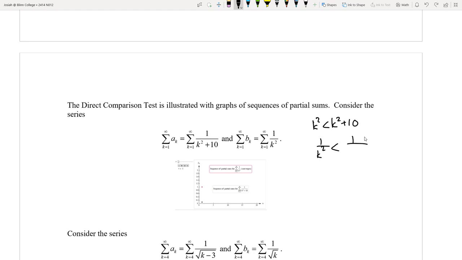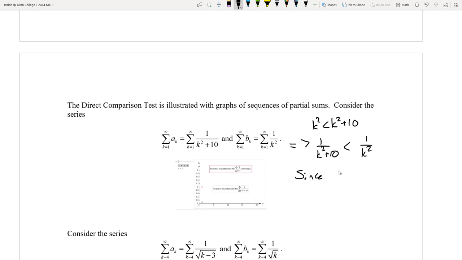It essentially swaps around these numerators into the denominators. So a bigger denominator makes a smaller number, right? We know that. So from here, we know that 1 over k squared converges.